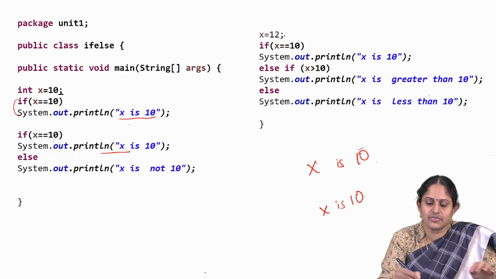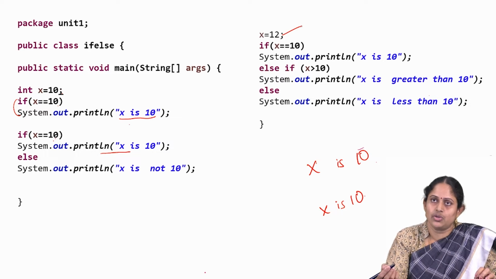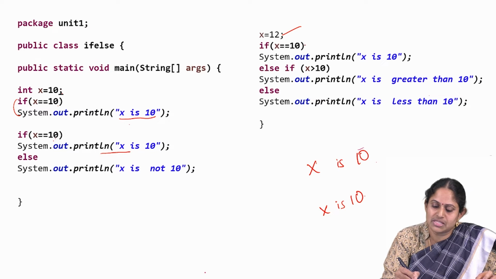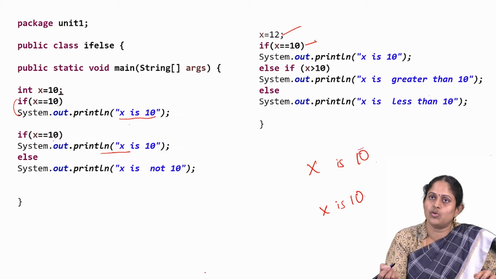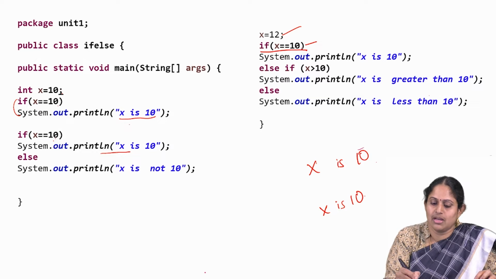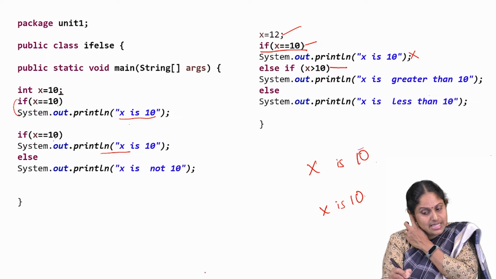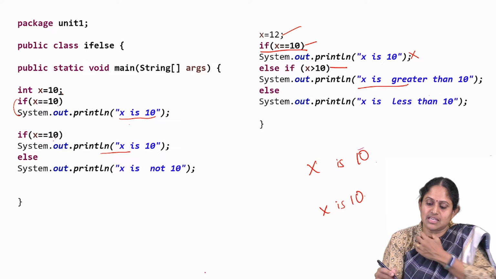Now in this case, we have initialized x to 12. It will check whether x is equal to 10, but this statement is false, so it will skip this part and come over here. It will check whether x is greater than 10. At this point x is 12, so x is greater than 10, and this statement will be executed.